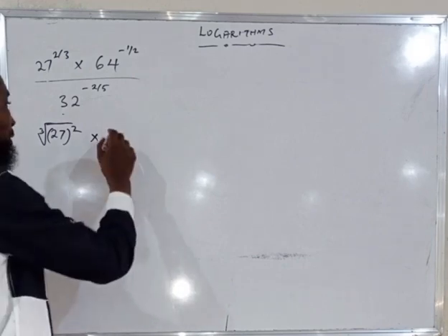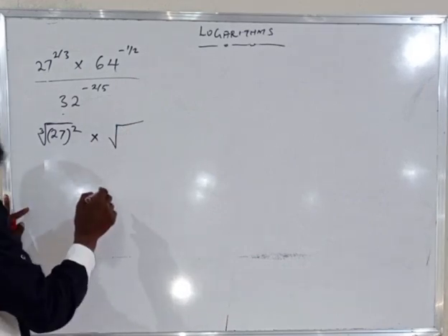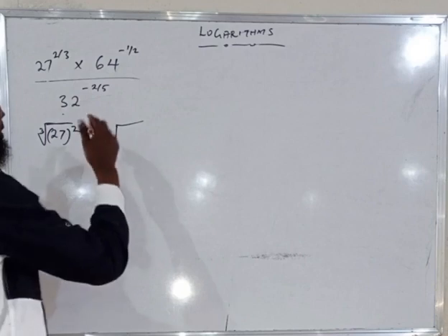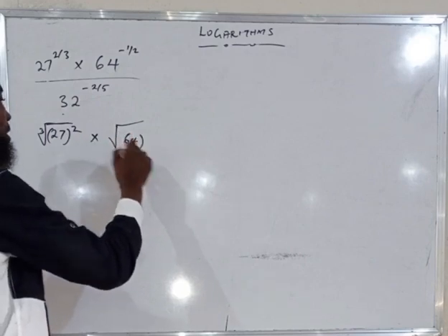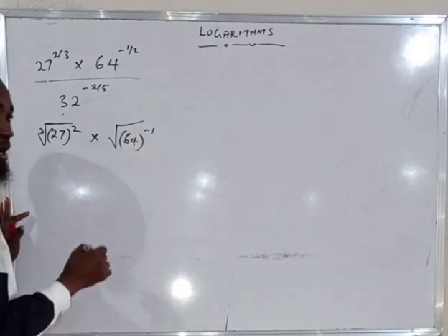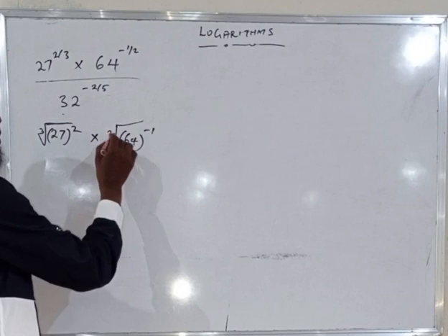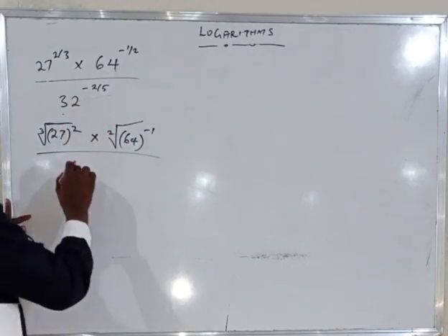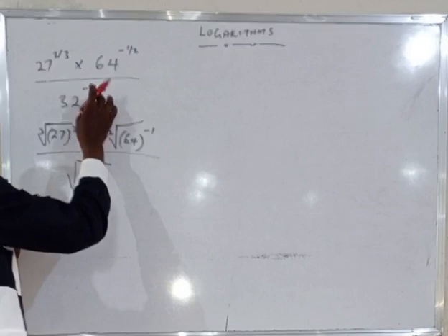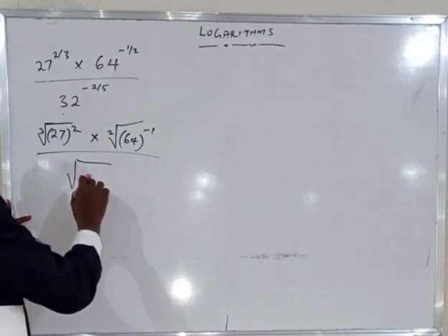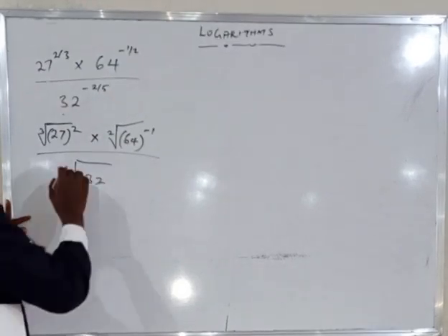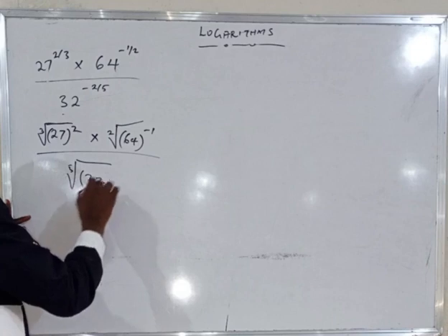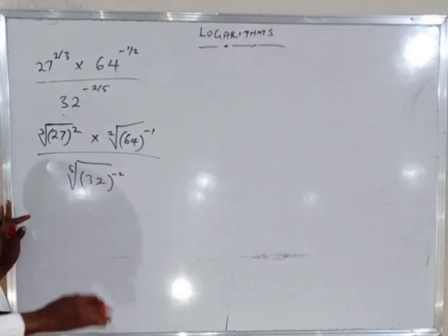Draw the square root, don't worry, you still normalize it later. You put 64 here, put minus 1 here, and under it you put 2. Then lastly, because my power is a fraction, is the reason why I'm doing all this, I can have 32 here, 5 here, and everything here is power minus 2.